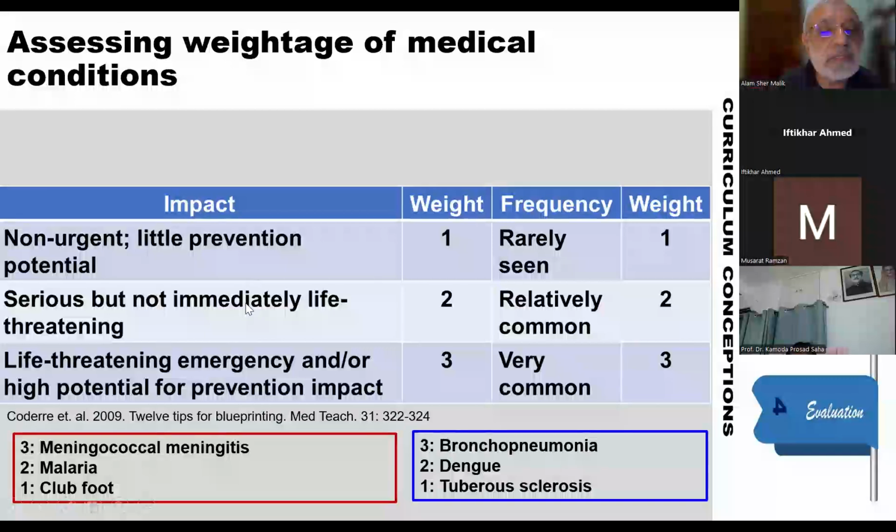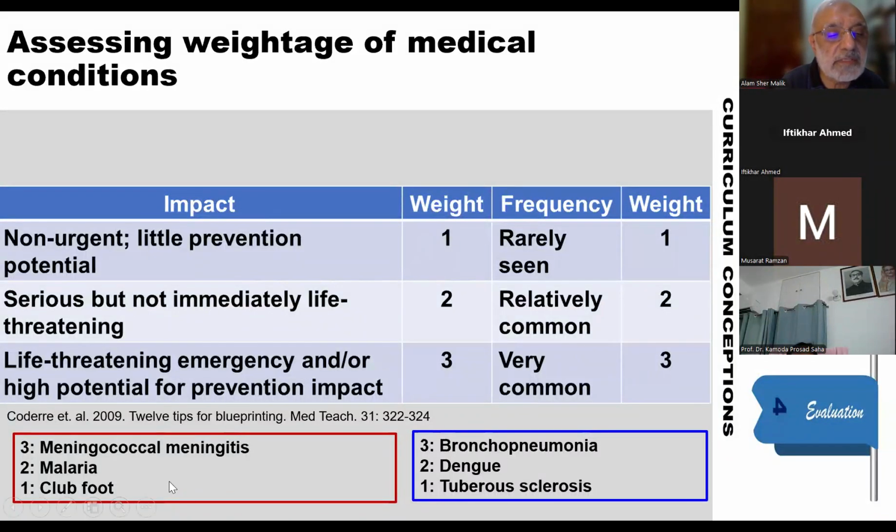But if the condition is serious but not immediately life-threatening, the weightage would be 2. If it is a life-threatening emergency and has a high potential for prevention, the weightage is 3.